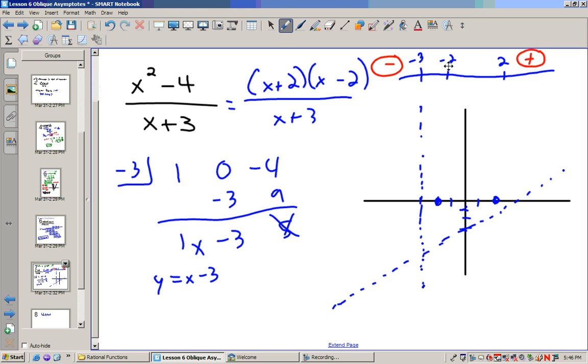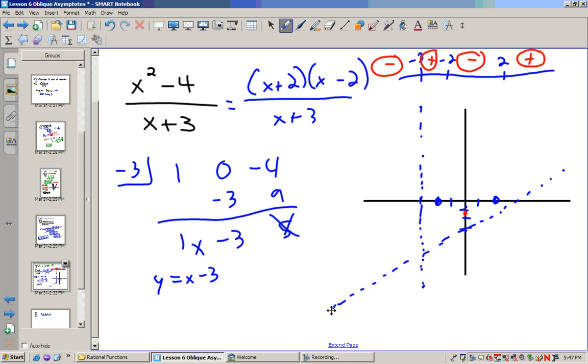Between negative 3 and negative 2, say if we put negative 2.5, this would produce a negative answer, a negative, and a positive. So two negatives would make it positive. Between negative 2 and 2, let's plug in 0. 0 would be negative 4 over 3. So negative 4/3 would be a negative. And we could even put that in there for a y-intercept.